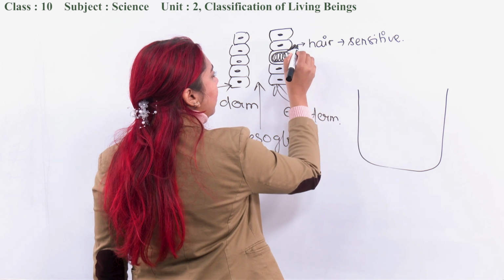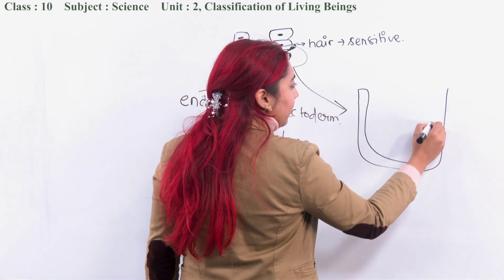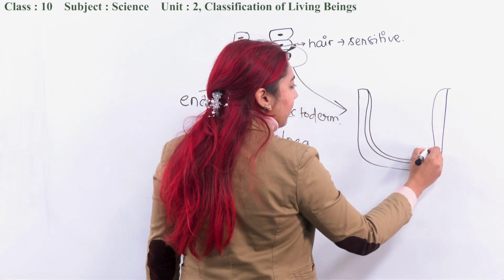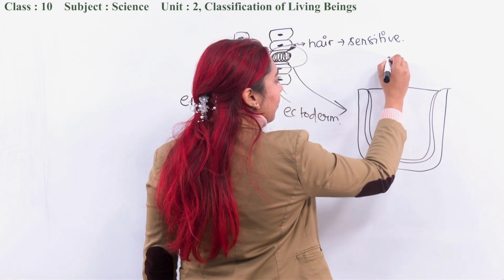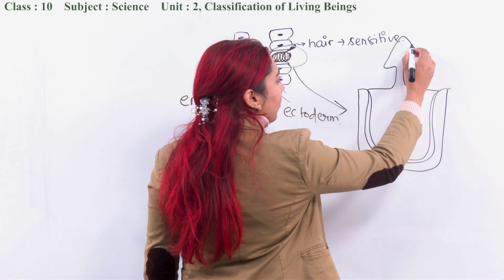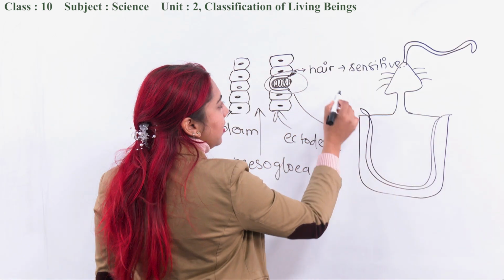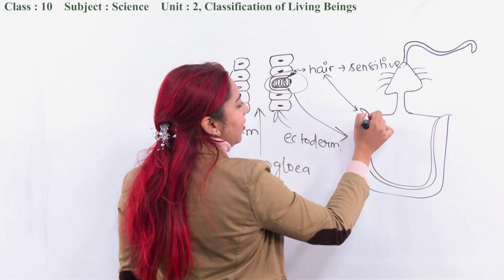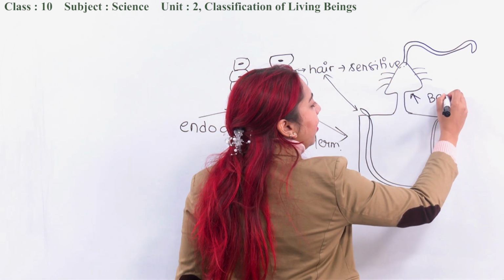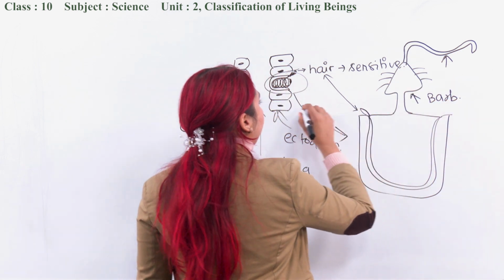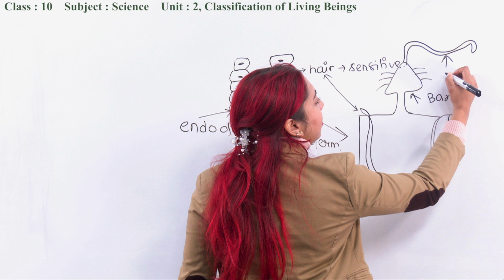Now we are zooming in on this cell. Now this is the same hair-like structure. Now this outward projection is called a barb, and this is the same thread-like structure that kept this barb inside the cnidocyst.